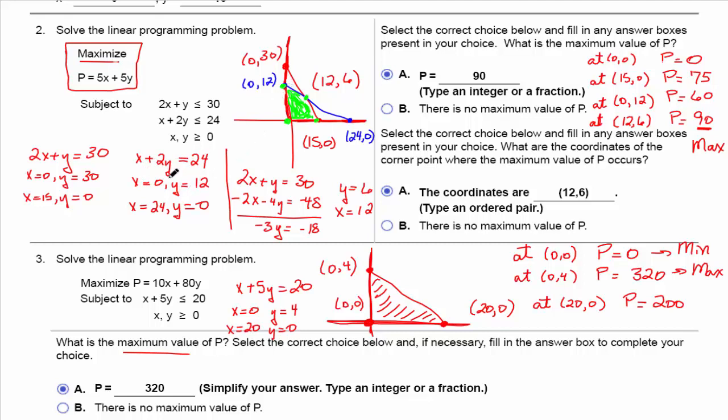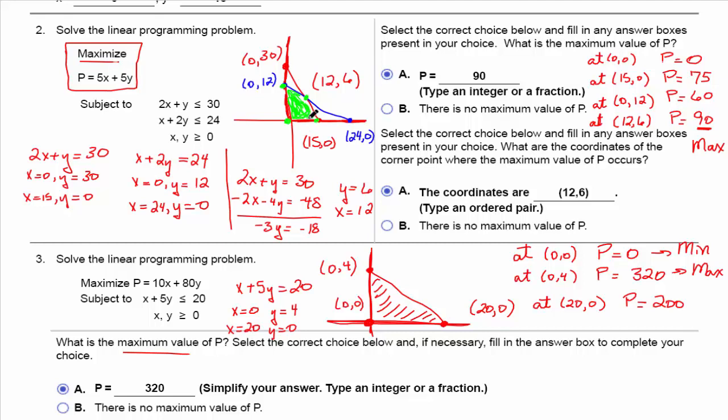And if y is 0, x is 24. I then picked a point to test. 1, 1 would work. If I pick 1, 1, all of these conditions are true. And so the region that works is here in green.